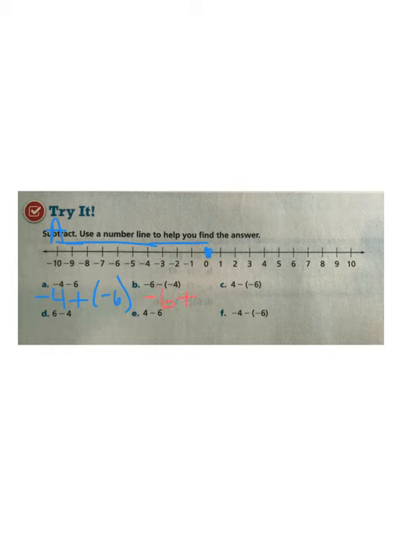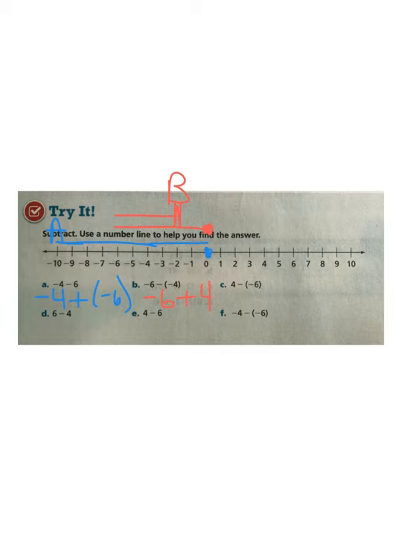We're going to change to addition, and the opposite of a -4 there is a +4. So this example would be we start at 0, we go to our -6, but we're adding 4 positives. So we're going back 1, 2, 3, 4, and we are stopping at a -2. That would be where B would fall.